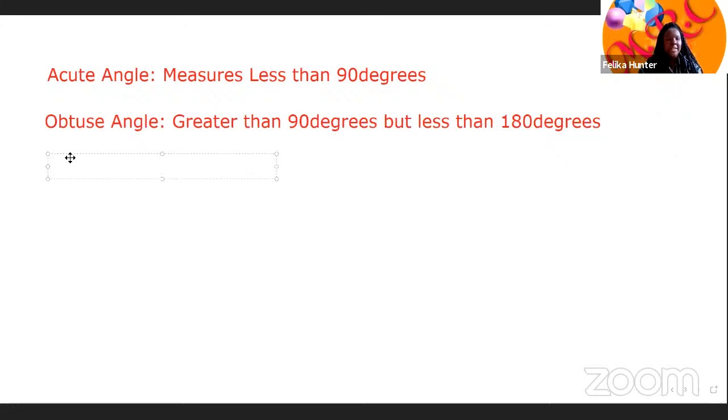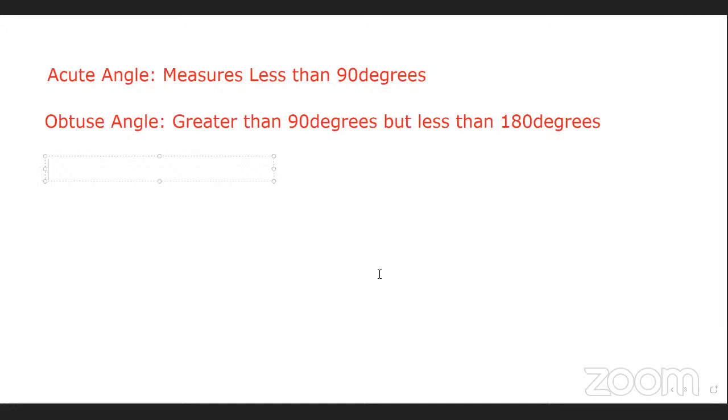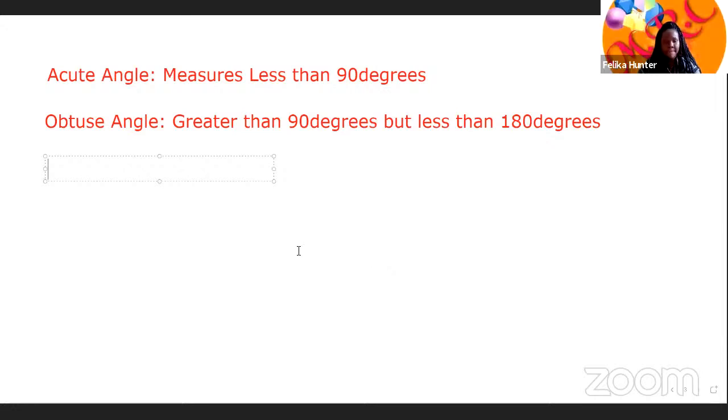All right, what about the next one now? Tell me another angle. Reflex angle. And what do you know about reflex angle?